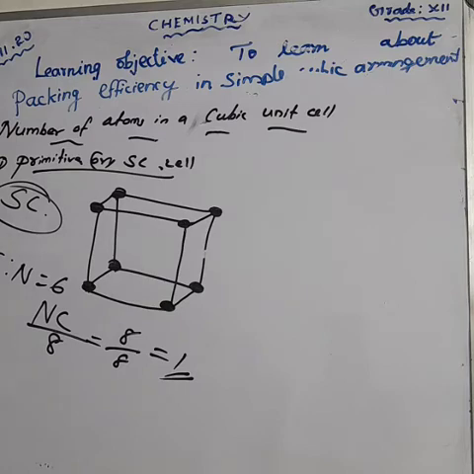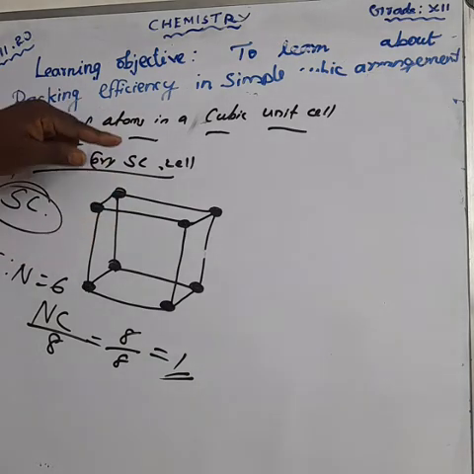Don't forget, this is also a one-mark question. In a simple cubic unit cell, each corner is occupied by an identical atom, ion or molecule. The coordination number of each atom is 6.